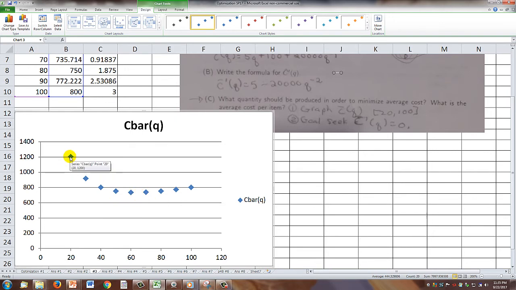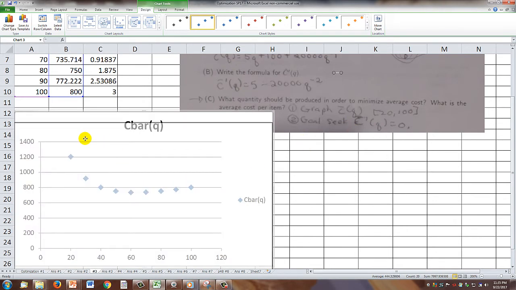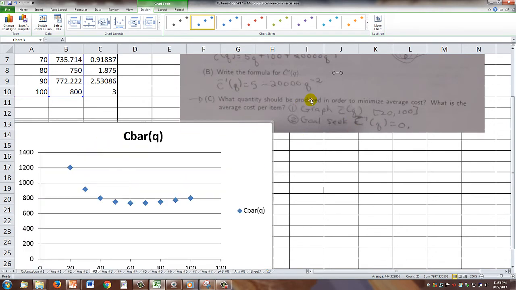And this is a fixed interval, so you can see that there is a maximum at 20 items, and there is a minimum here, and this closed interval isn't a minimum. But you have to check these endpoints if you're given a definite domain. Okay, so now we're ready to answer the question, what quantity should be produced in order to minimize average cost?